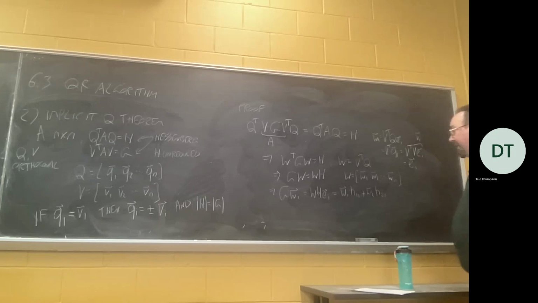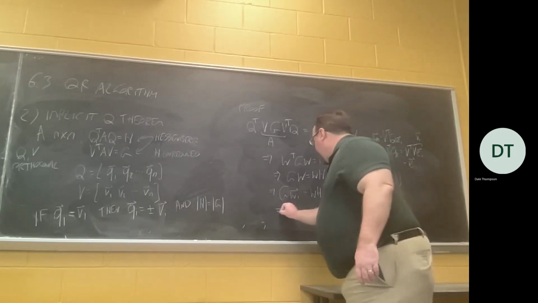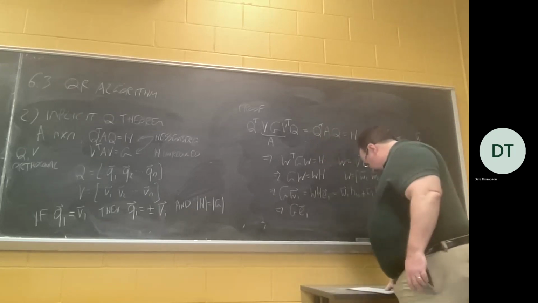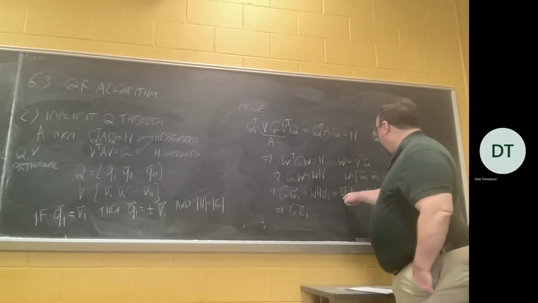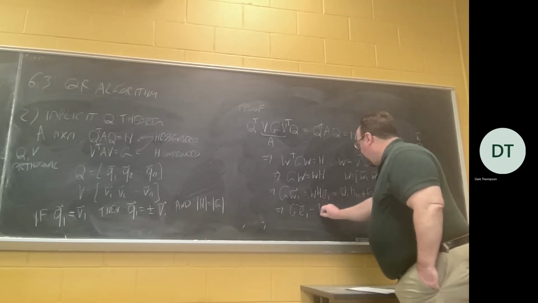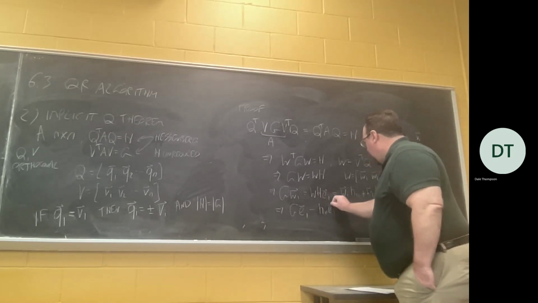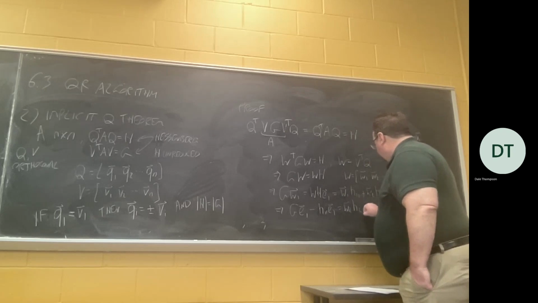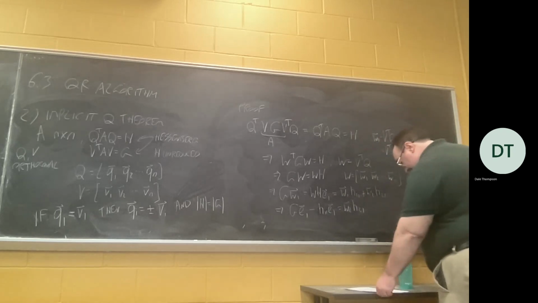So now I'm following the first column of G, and I fill in W1 equal E1 over here. It is equal to what's left over here, W2 H21.